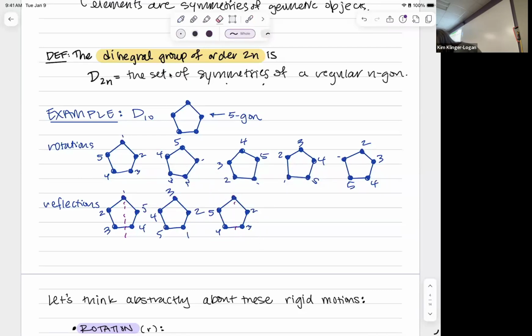I could reflect through the 3 axis, and that thing stays fixed. And what I swap is 2 and 4, and 1 and 5, I think. And then I could reflect about 4 here, and that would swap 3 and 5 and 2 and 1.